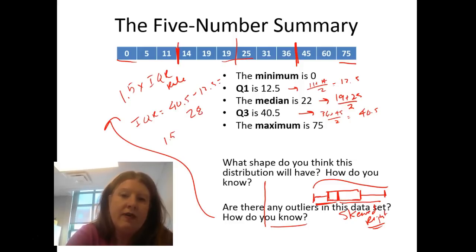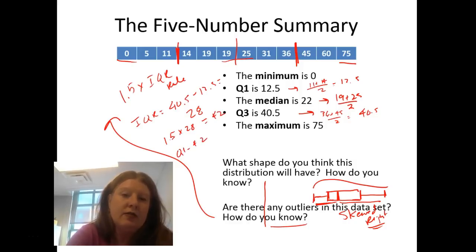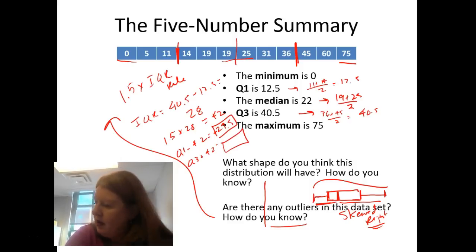Then we take 1.5 times 28, and that's going to end up giving us 42. So we take Q1 minus 42, and then we take Q3 plus 42. If you do that, you're going to get negative 29.5, and here you're going to get positive 82.5.